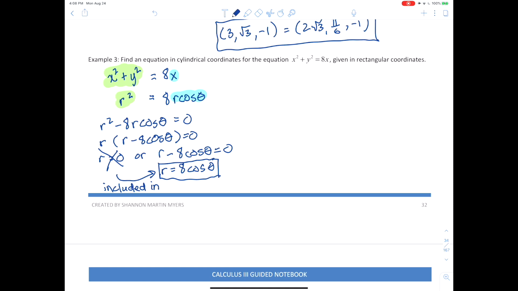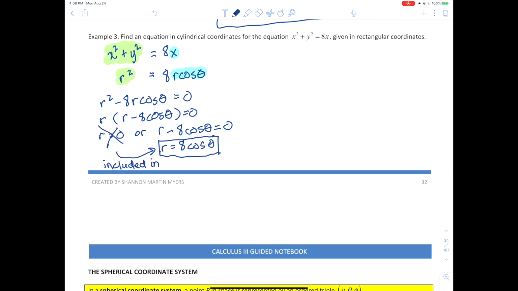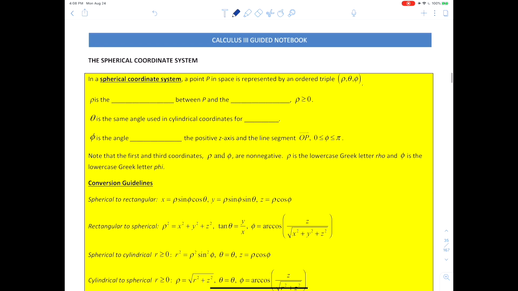Okay. All right, so let's go ahead and take a look at the spherical coordinate system. In a spherical coordinate system, a point P in space is represented by an ordered triple, rho, theta, phi. So rho is the distance between P and the origin, where rho is greater than or equal to 0. I should have numbered these.